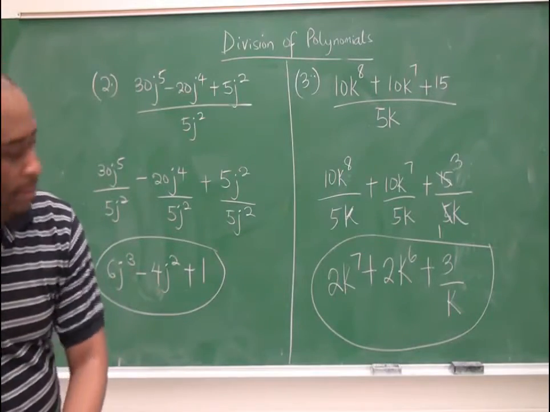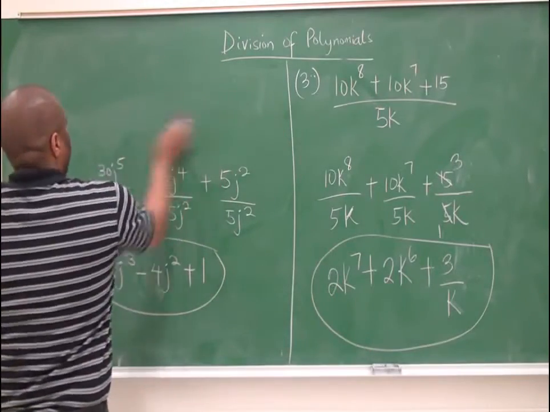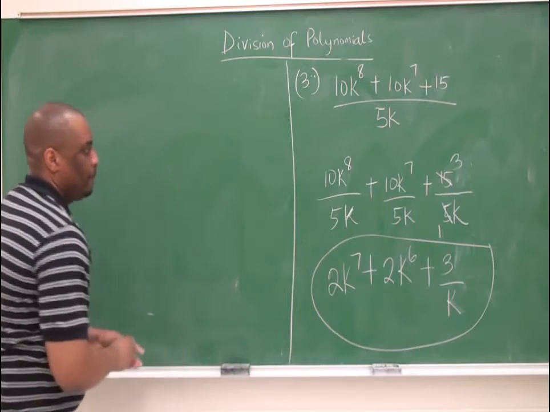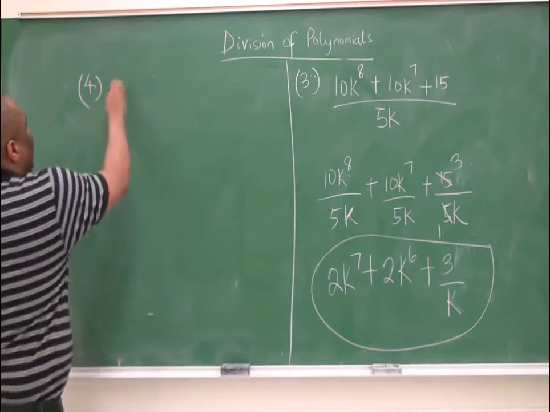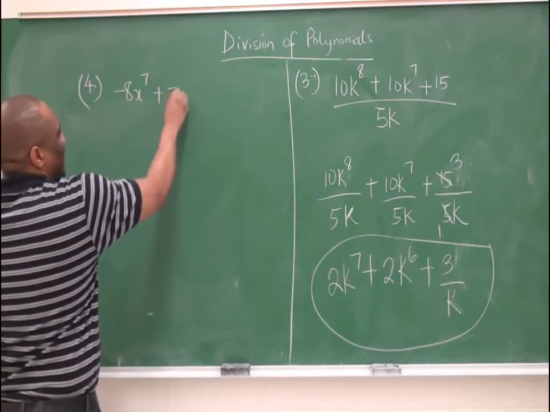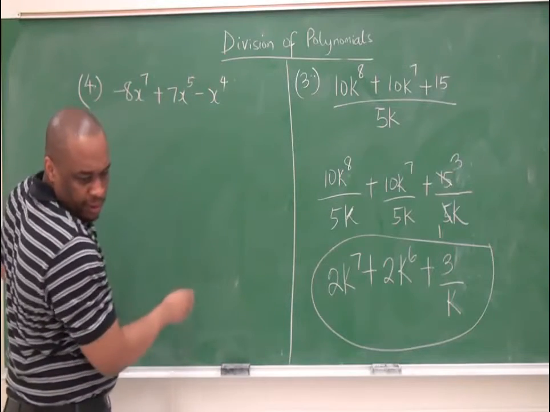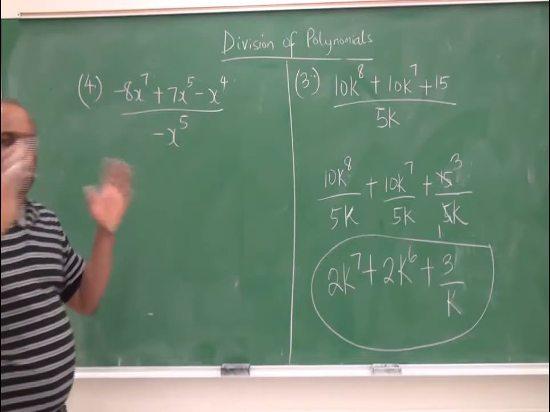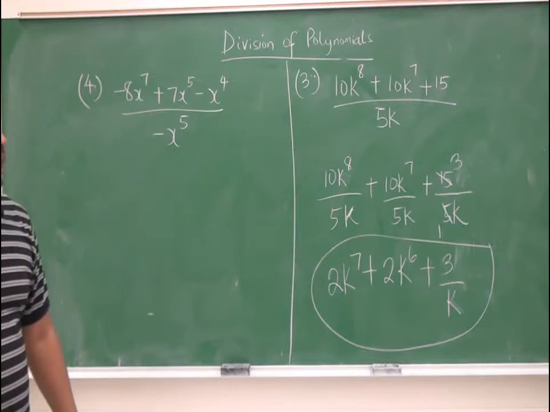Now the next question is number 4, so we can finish up. Question 4, negative 8x raised to power 7 plus 7x raised to power 5 minus x raised to the power 4 all over negative x raised to the power 5. Yeah, I will do variety of questions so that you can be familiar with it.